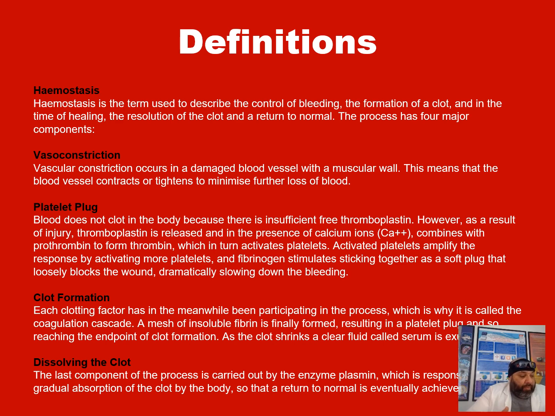Now, clot formation is also important around this. Clot formation specifically is where each clotting factor has been participating in the process, which is why it is called a coagulation cascade. As I've mentioned, there's the intrinsic and extrinsic and the common pathway.